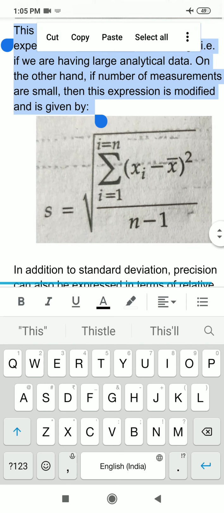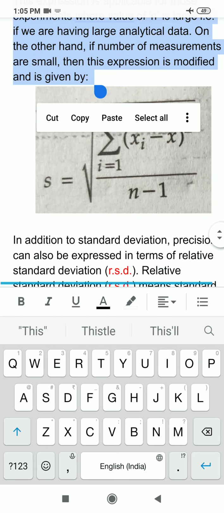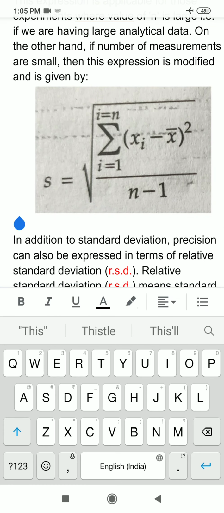So you can see in this screenshot, the standard deviation for a small number of measurements will be given by s equal to under root of summation from i equal to 1 to n of xi minus x bar raised to power 2 divided by n minus 1.